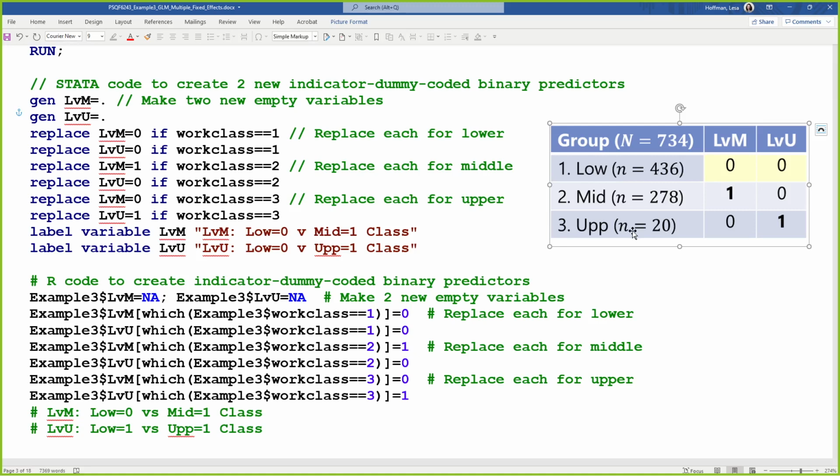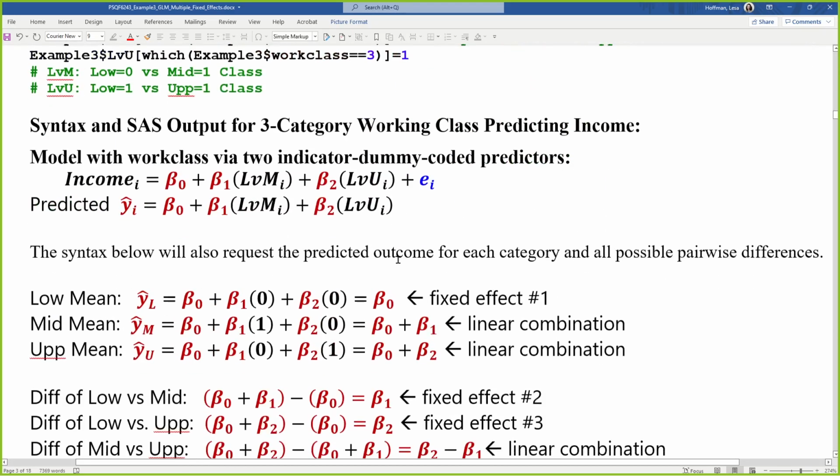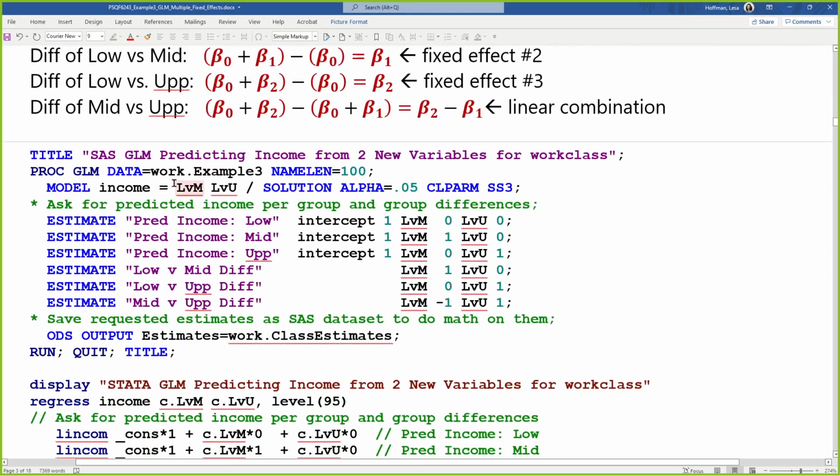So we need to make number of groups minus 1 new predictor variables. Step 2, put those new predictors in the model. See what happens.